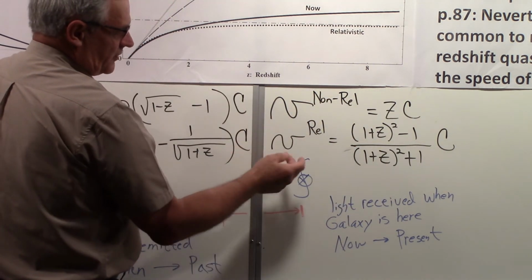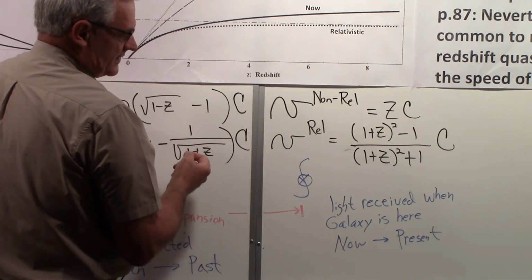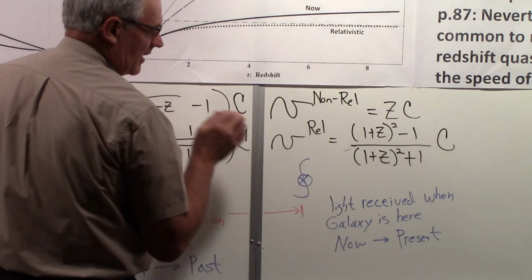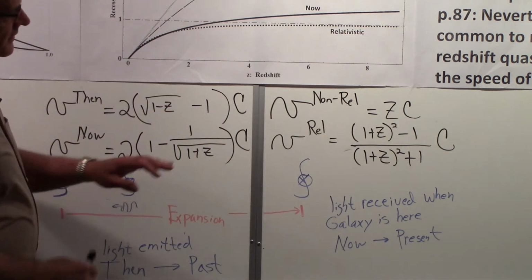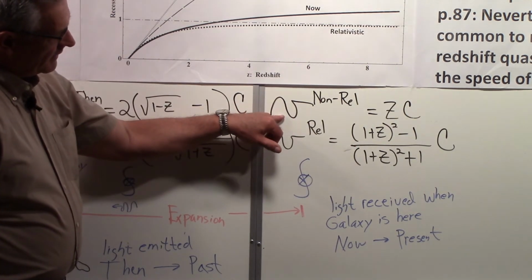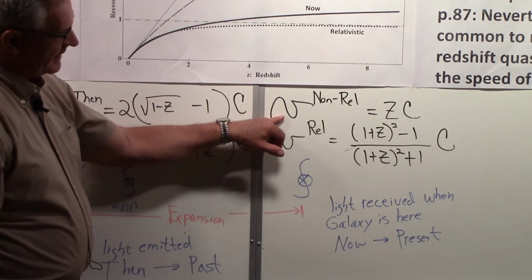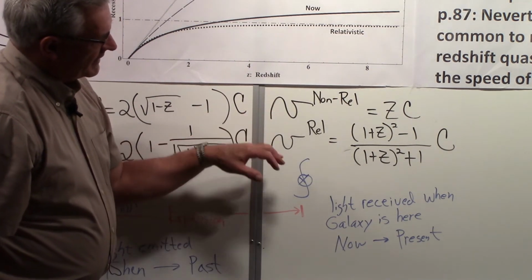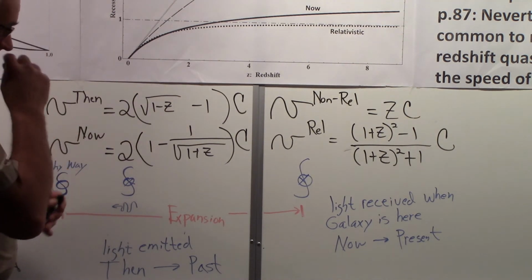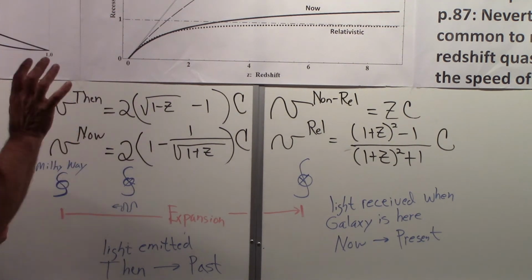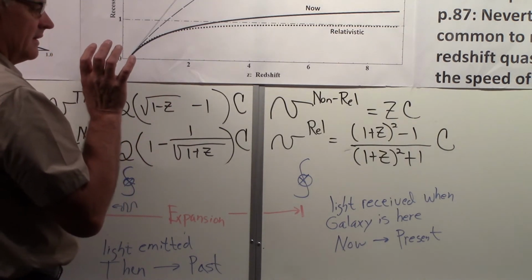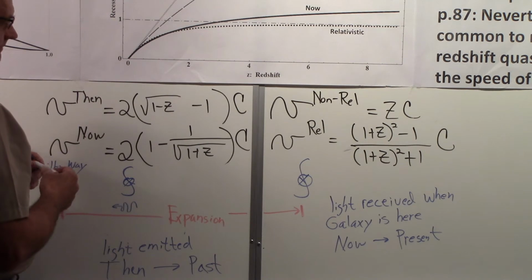And earlier in part 2, we had worked out the relativistic velocity, and that's this formula over here, a little more complicated in terms of z. So if you use the value of z, this is what you would say the recessional velocity is for the non-relativistic case, and substituting the same value of z in here, that's what the relativistic velocity would be. But they're not recessional velocities, because it's the expansion of space that we're talking about.